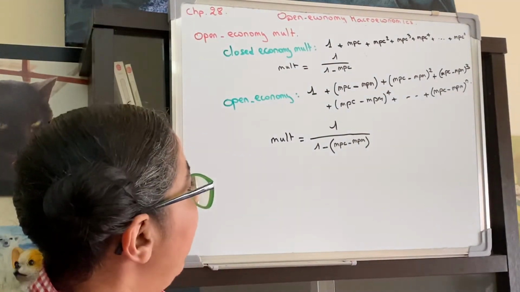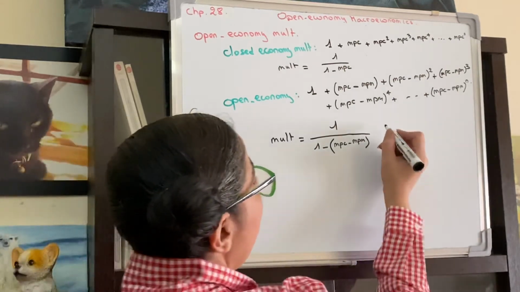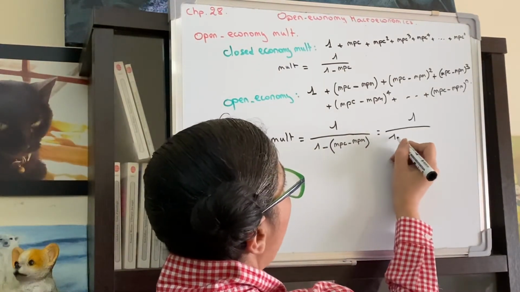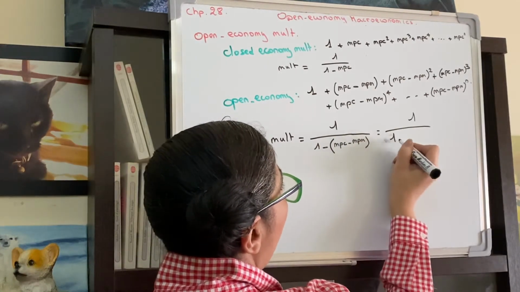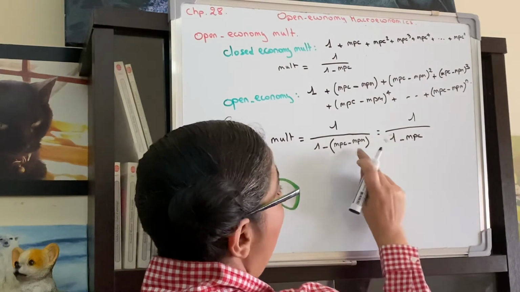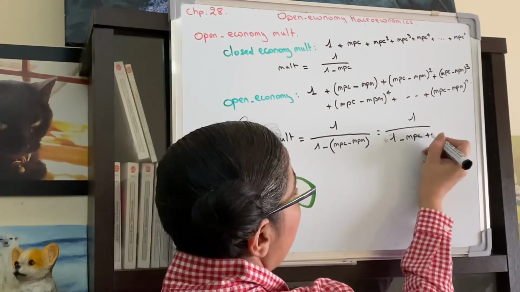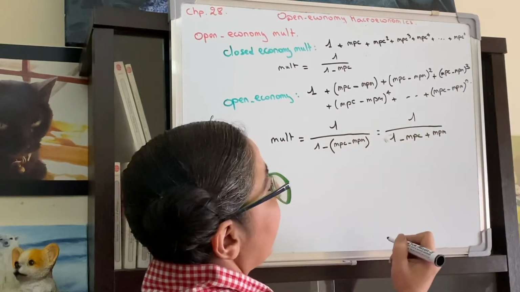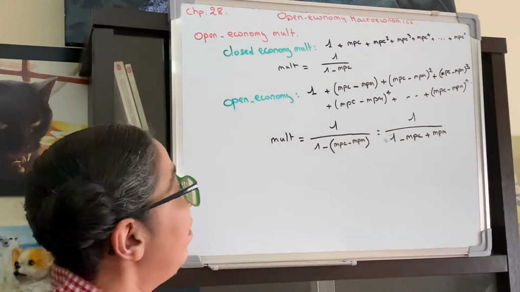Now let's calculate it a little further. It's going to be equal to 1 over 1 minus MPC plus MPM. Okay?